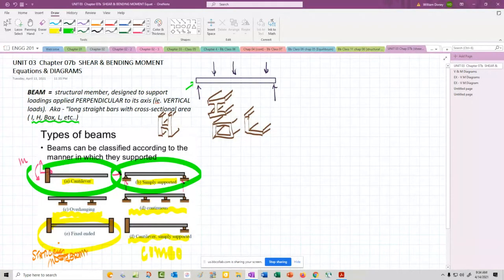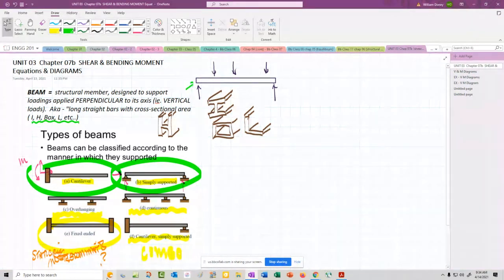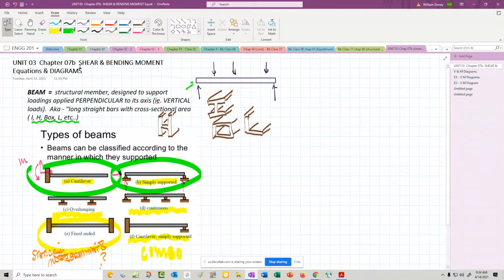Indeterminate is basically a fancy word to say we can't solve it using our traditional ways of solving static problems, like summing forces and summing moments. We have to look at some other methods. And why is that? Well, with a fixed end, we're going to have support reactions there.